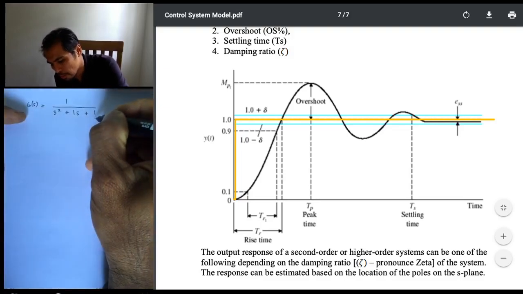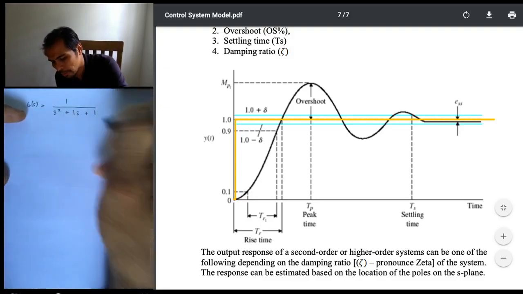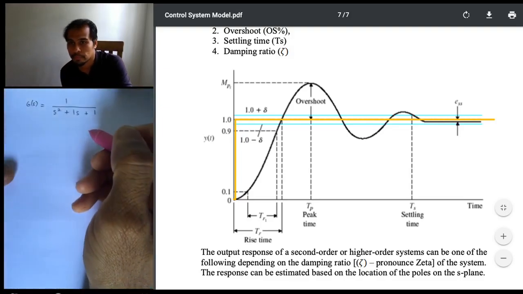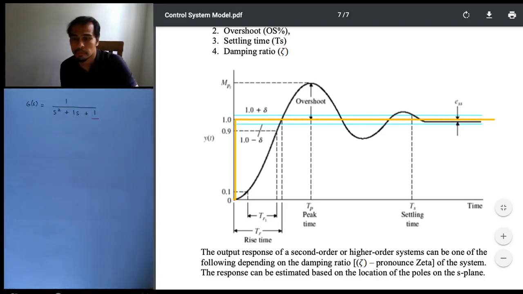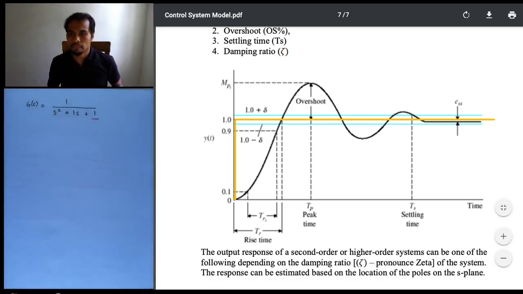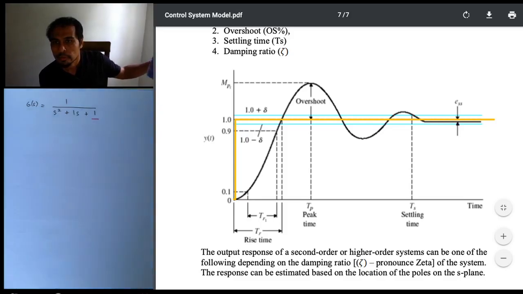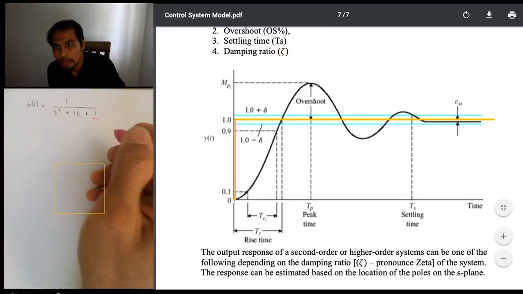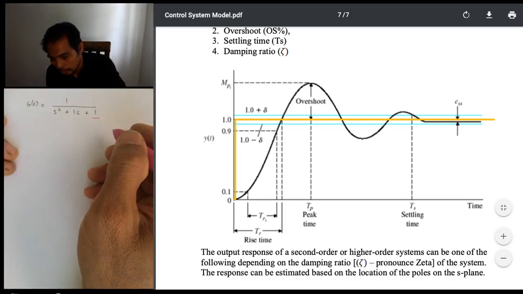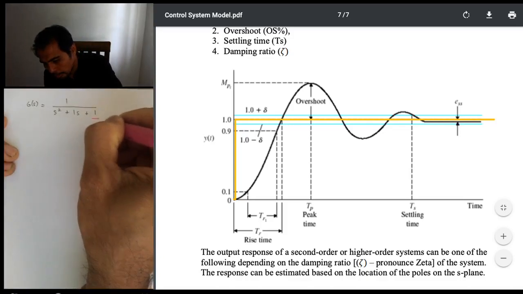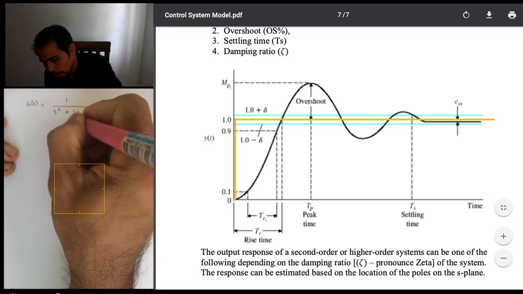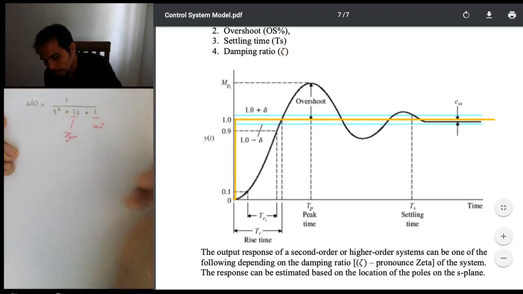Now this is our omega n squared, and this is our 2 zeta omega n.